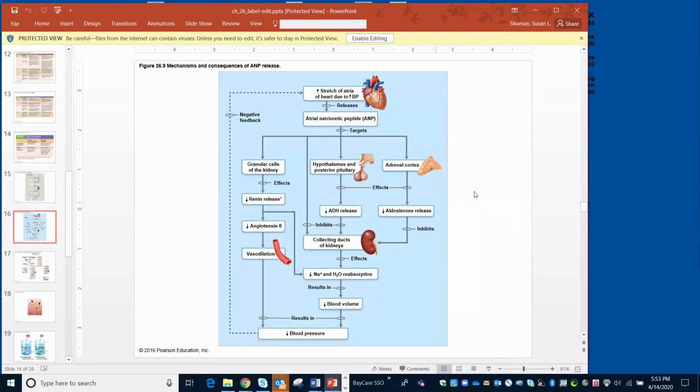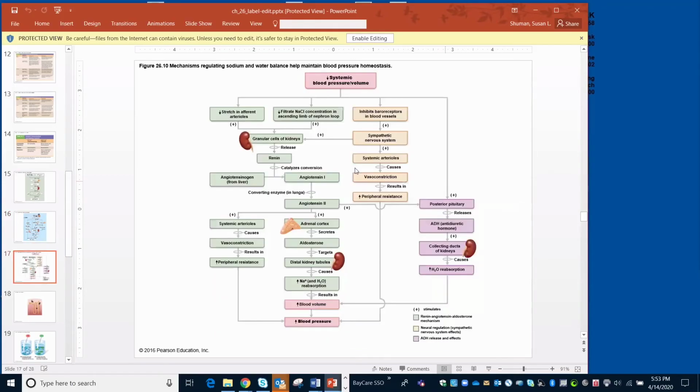So now it's time to talk about, oh my goodness, with this whole blood pressure maintenance thing. So when we're talking about all these things and putting them together with our sodium balance, this is a beautiful chart. It's in your books. It's over on page 1023.